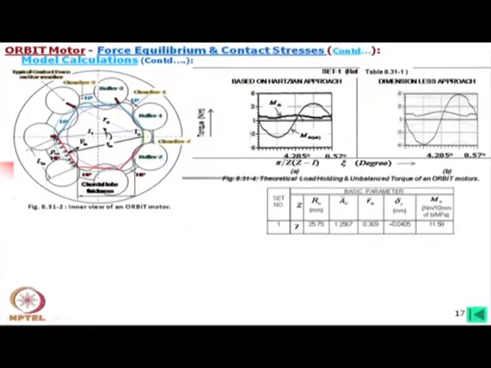Here you can see this is the z pi divided by z into z minus 1. At that point you can find that no unbalanced torque is there, whereas if you want to keep the machine at other positions, you will find that some unbalanced torque of this much will be required. And again this is varying in negative and positive directions.